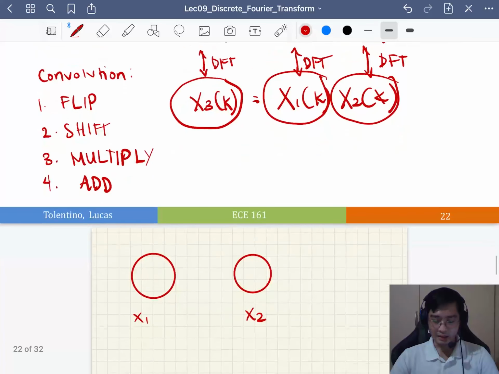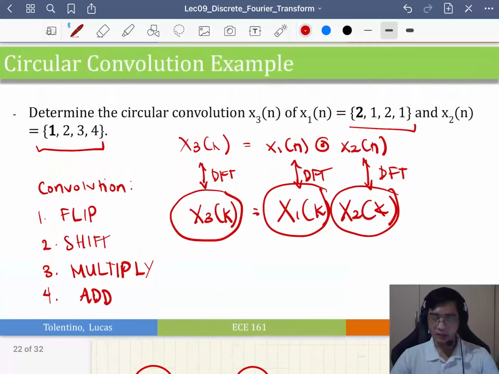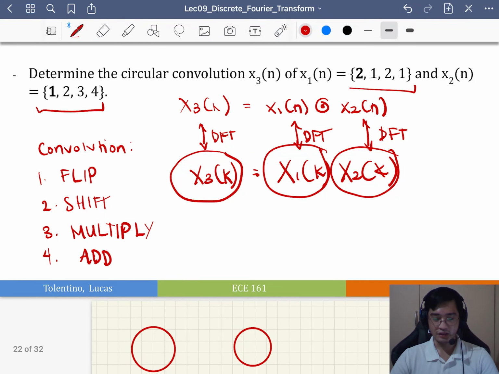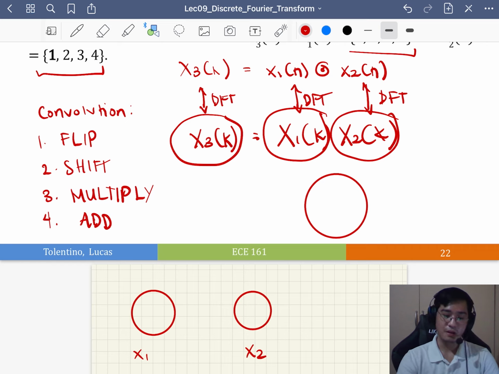So in this case, how do we represent x1 in a circle? If you could recall, this is like the Cartesian coordinate representation. This is our origin, and then we move in the counterclockwise direction.